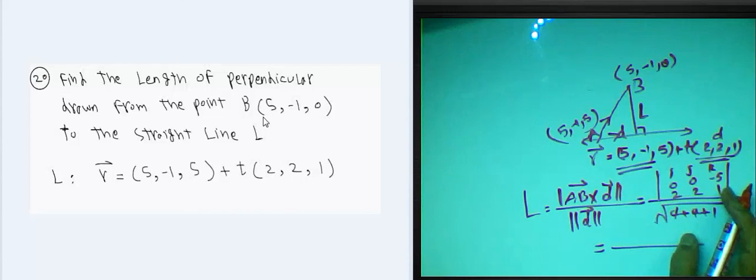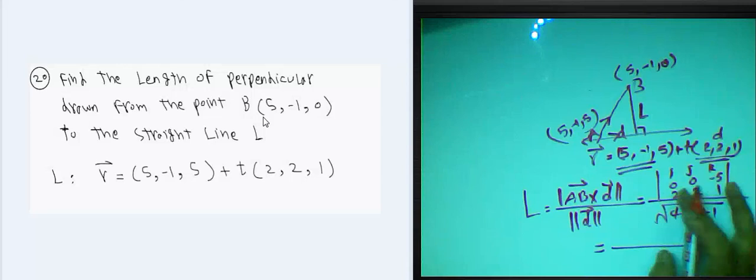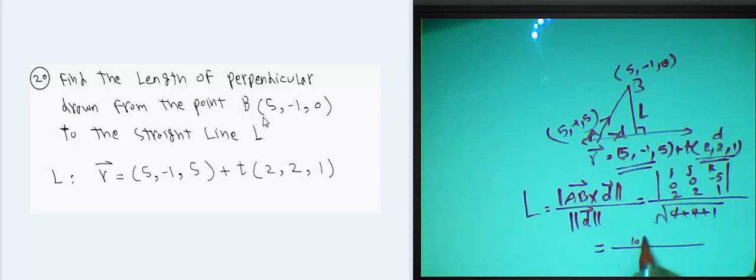Convert it, negative 10 in direction I, and write 2 times negative 5, it will be negative 10. It will be positive 10 in direction I, and J is 0, and negative times negative equals positive.